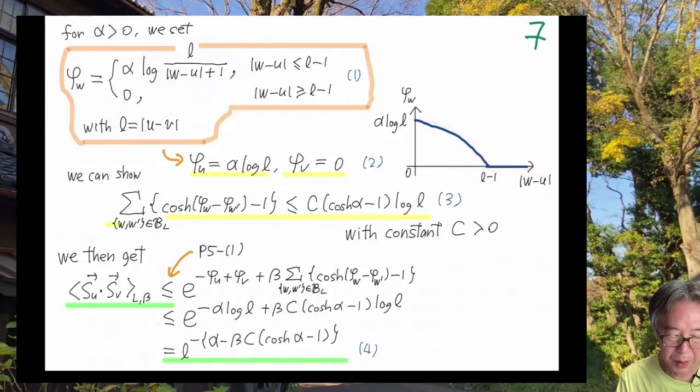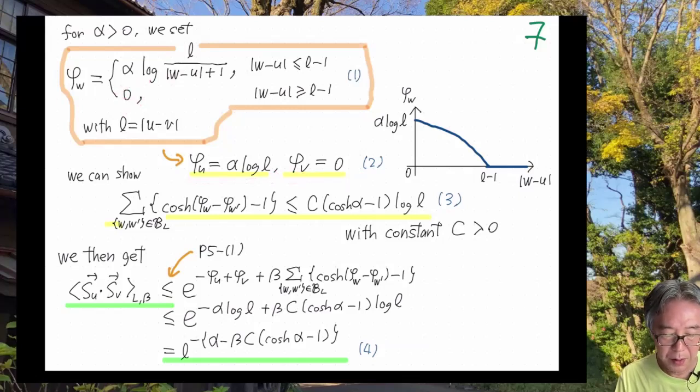By plugging in, from this you easily find that phi(u), when this is 0, is simply alpha log L, and when w equals v, you have this, and this is 0.